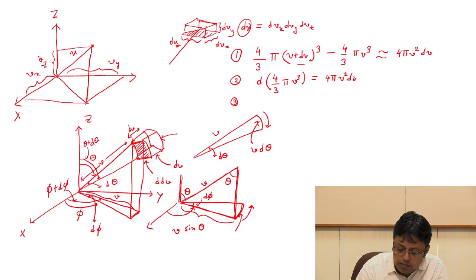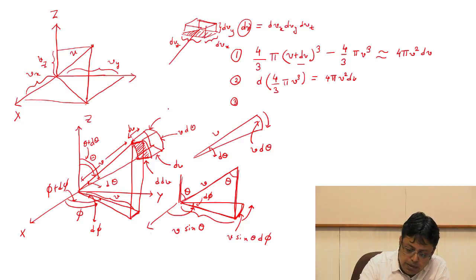This arc length will be nothing but the length, which is v sine theta, into d phi. So this we already showed, it is v d theta, and the other side is v sine theta d phi.